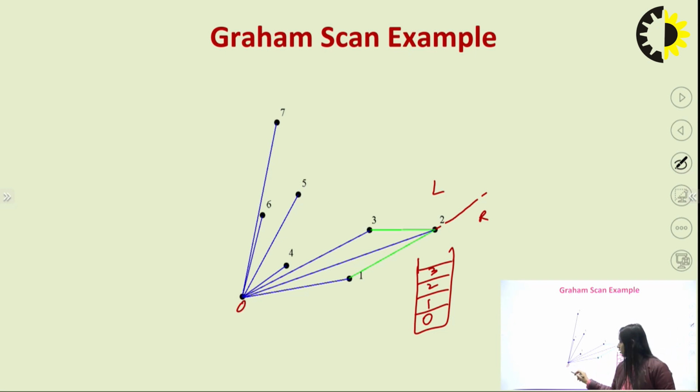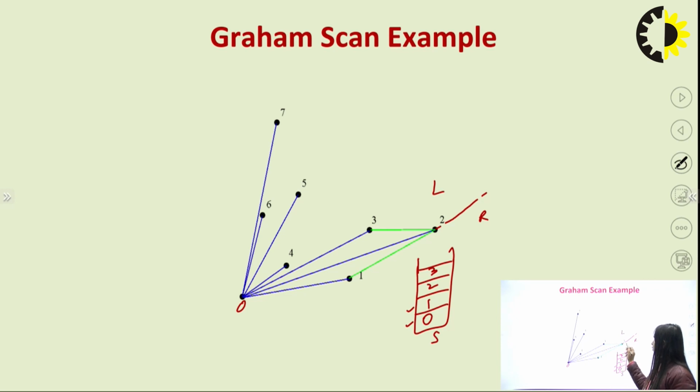So I push this 3 point into this stack, right? So at first, if I enter this point and this point, next what I do, extend this point, this 2 lies into the left side, so I push 2 into the stack. This is my stack.